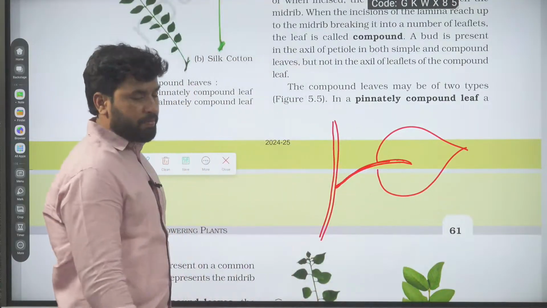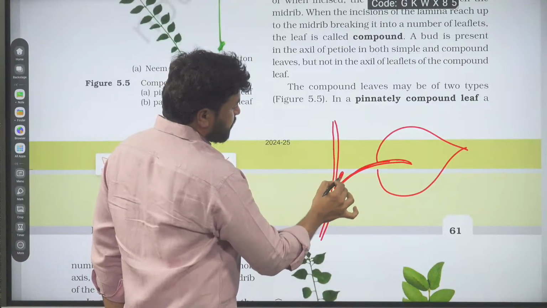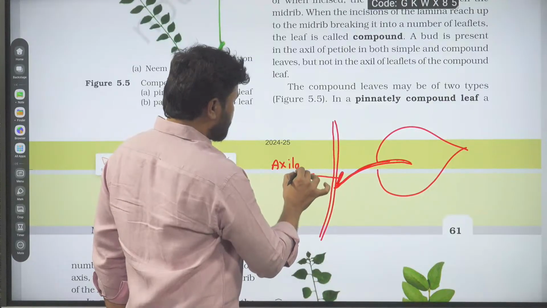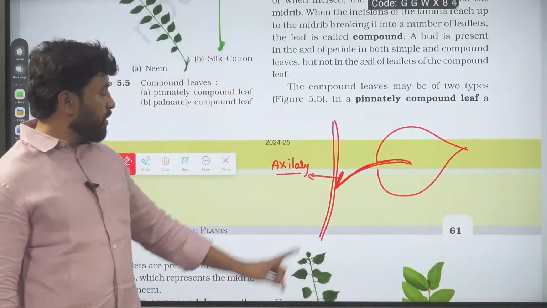This is a petiole, lamina, stem. Here, there is a presence of a bud called axillary bud. This is a usual characteristic of a leaf.